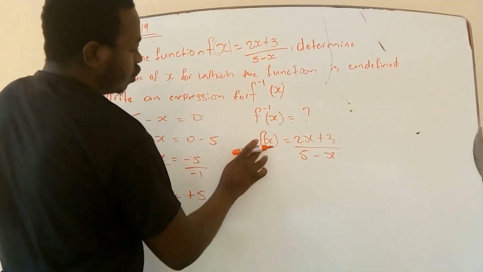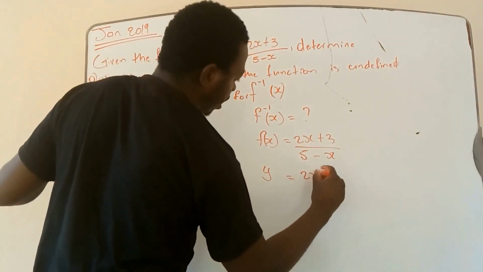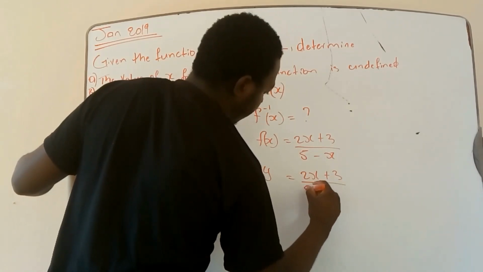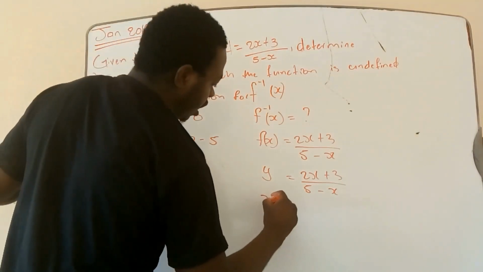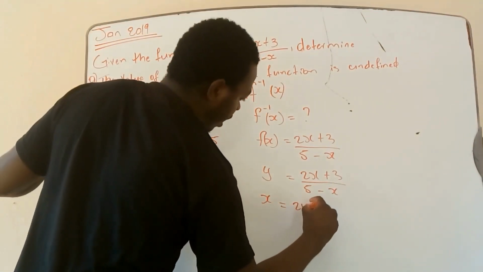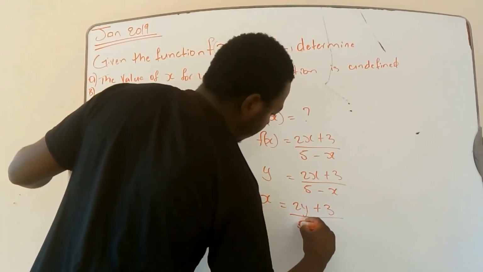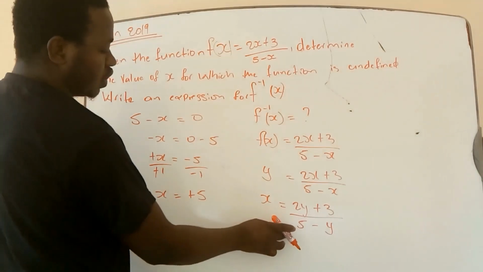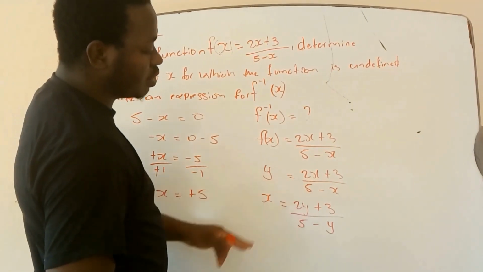We need to replace f of x with y, so y is equal to 2x plus 3, all divided by 5 minus x. Interchange x and y, so x is equal to 2y plus 3, all divided by 5 minus y. Now we are going to transpose for y. In other words, we need to make y the subject of the formula.